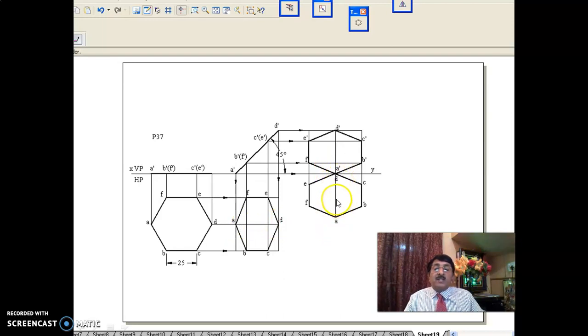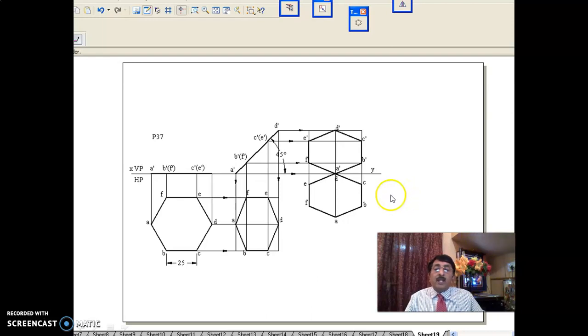That means corner on HP, opposite corner on the same diagonal touching VP, and the lamina perpendicular to RPP you can say, because if you draw x1, y1 and draw this side view, you get only D dash, E double dash, bracket C double dash, F double dash, bracket B double dash, A double dash. It's a straight line. It will be seen as a line in the side view. You can say it is perpendicular to RPP also, or this diagonal is parallel to the profile plane. Okay, these things you can say.